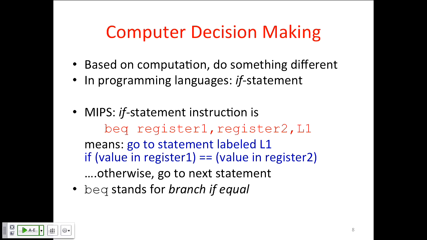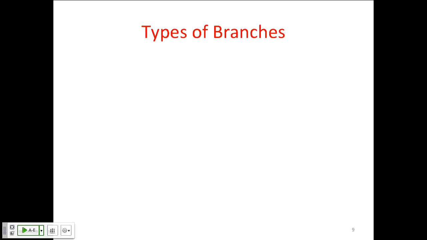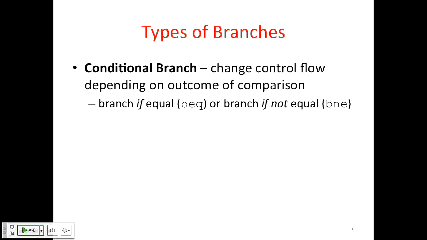So BEQ is the mnemonic they use for this instruction, branch if equal. There's also a branch if not equal. So you can branch if the 2 values are different. Okay, so those are complementary instructions. So that's one kind of branch, and that's what we call a conditional branch. So a branch is something where you change where you go in the program based on some condition you check.